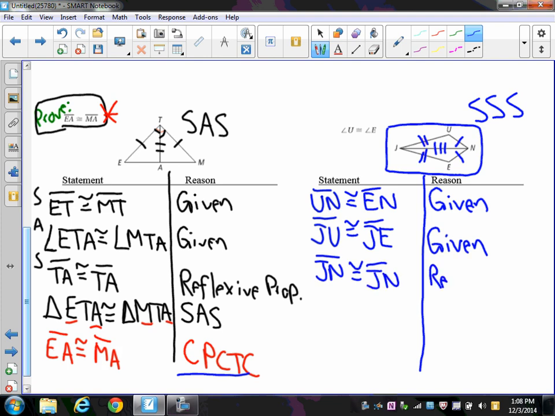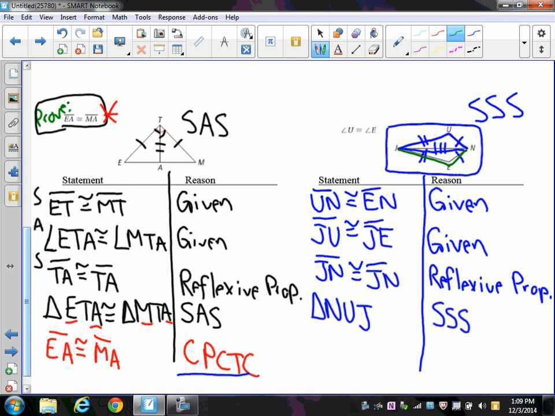That's the reflexive property. So we know by side, side, side, the two triangles are congruent. Triangle NUJ. Then we go 1 tick mark to 2 tick marks. It's congruent to triangle NEJ. 1 tick mark to 2 tick marks.